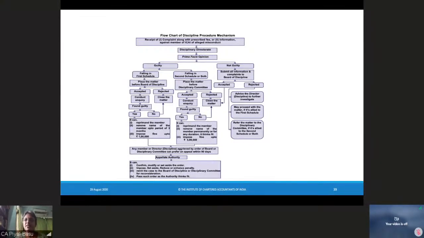After all this, if he is proven guilty, one of three things happens: he is let off by giving a warning, or a reprimand, or if it is very serious in nature and cannot be pardoned, his name is permanently struck out from the member register, and he is fined up to a maximum of rupees 5 lakhs.